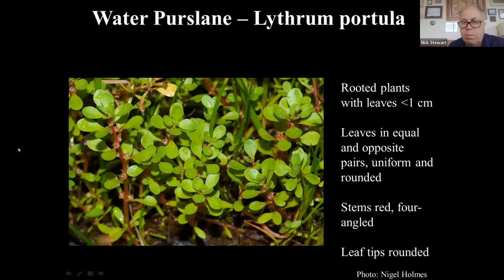Also, a bit similar is water purslane. Again, a rooted plant with quite small leaves and leaves in equal and opposite pairs again. This one, the stems are four-angled and usually red, so often quite a contrast to the bright green of the leaves.